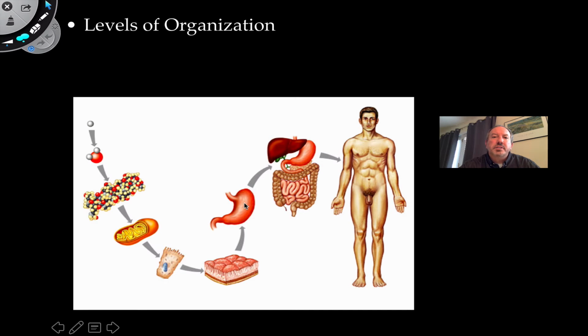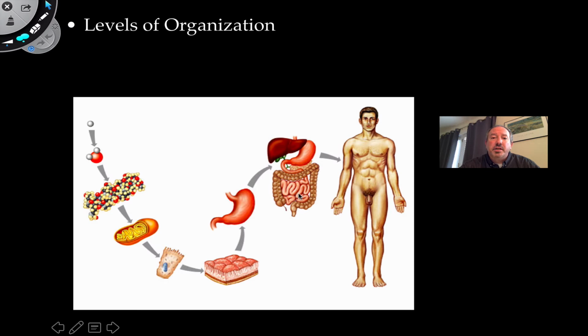But then organs, though you may know something about a stomach, you may say, well, it digests, and you may know that it digests protein in particular, and it produces acid. You may know these things, but it doesn't work alone. It works with other organs. For example, the liver, and below the stomach is this gland called the pancreas, and then food travels into the small intestine, and then into the large intestine, and into the rectum, and then out the anus.